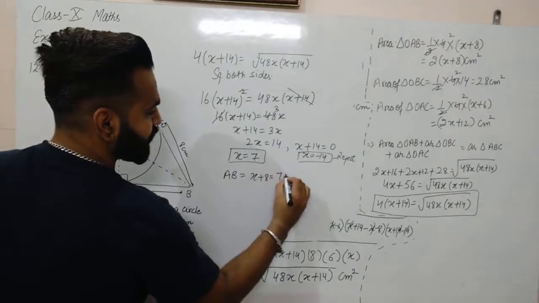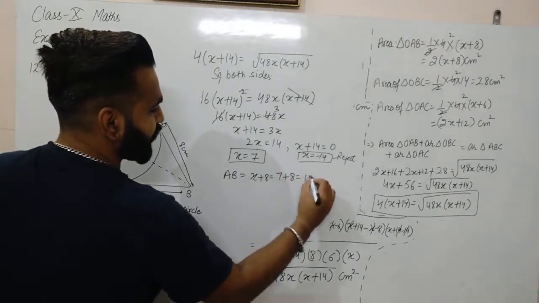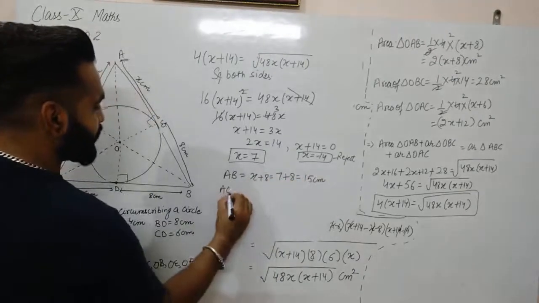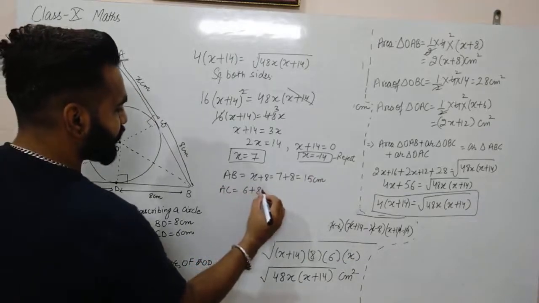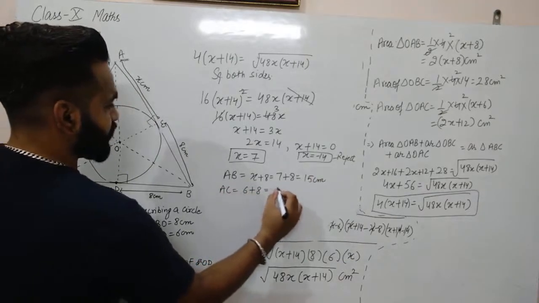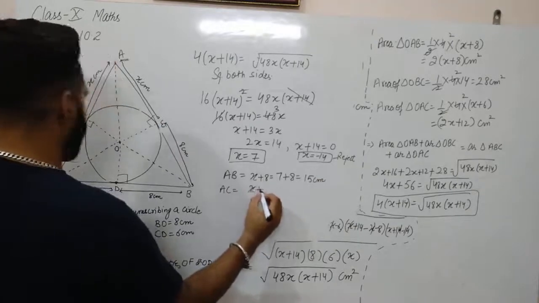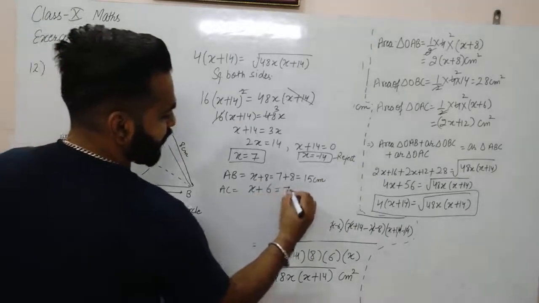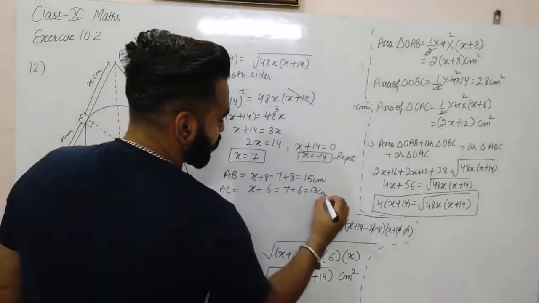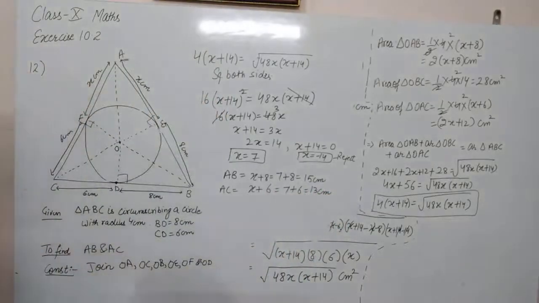That means 7 plus 8, 15 centimeter. And AC is equal to x plus 6. 7 plus 6, this is equal to 13 centimeter. So this was question number 12.